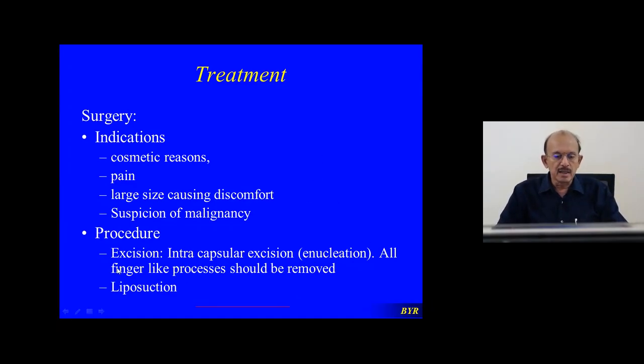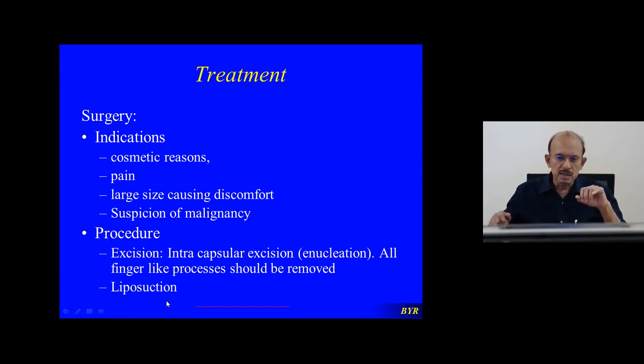And there is a recent technique that's called liposuction. In this liposuction, you make a small incision of 10 millimeters or 1 centimeter. Through that, you pass a long cannula with multiple holes. You connect this cannula to a suction apparatus.